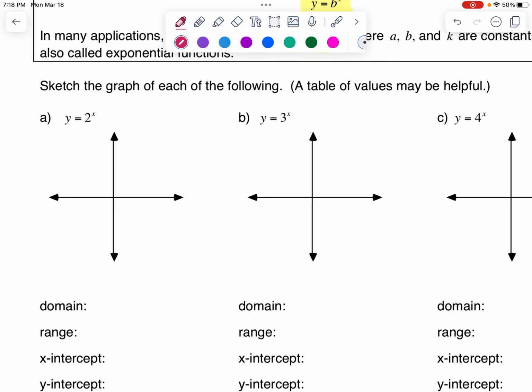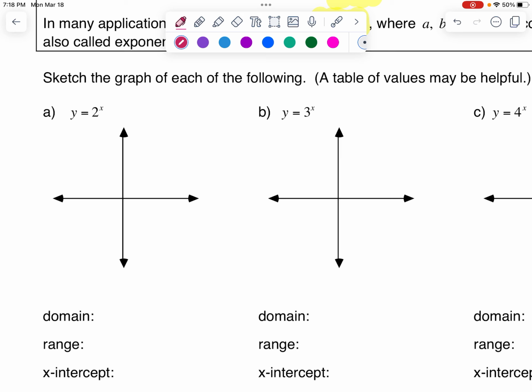So if I'm looking at part A, we have y is equal to 2 to the x. This is when I'm going to start plugging in my x values. Let's do when x is equal to 0. We have 2 to the 0 power. We all know that's 1. So my first point is going to be 0, 1. Same exact thing, I'm going to plug in 1 for x.